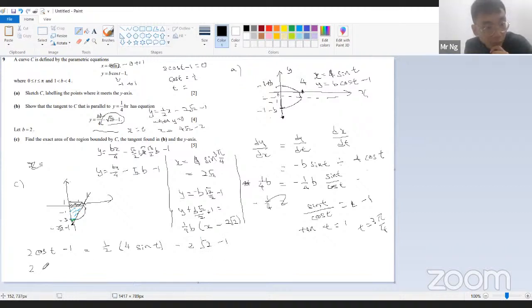So this one is 2 cosine t minus 2 sine t equals minus 2 square root 2. Okay, so sine t minus cosine t equals square root 2. Okay, how to do this?